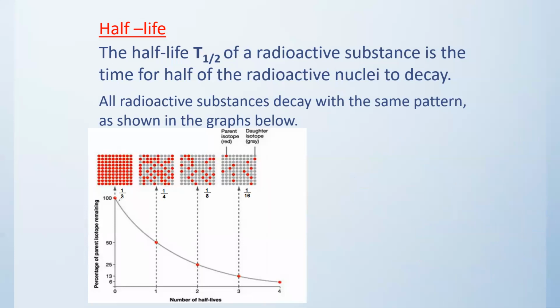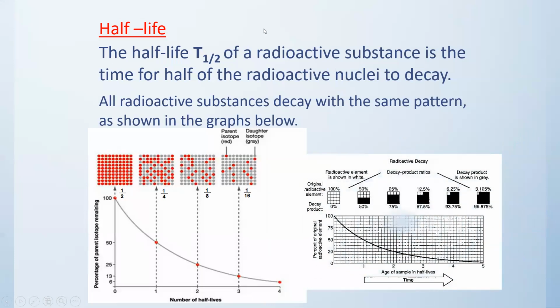So we can use a decay curve. We can use this graph to work out the half-life. So first example, if it was 100, then half of 100 is 50. So how much time will 100 take to turn into 50? That time is known as half-life. Same thing, 50, half of 50 is 25.